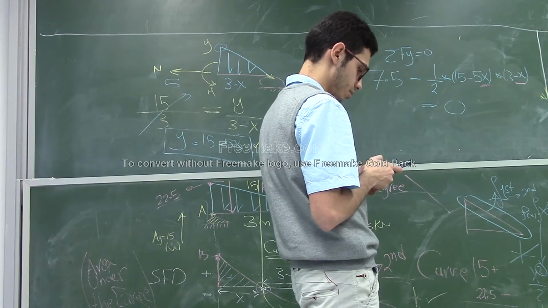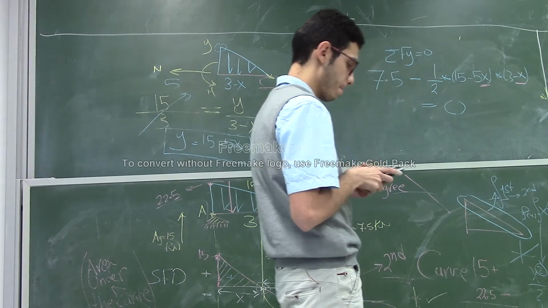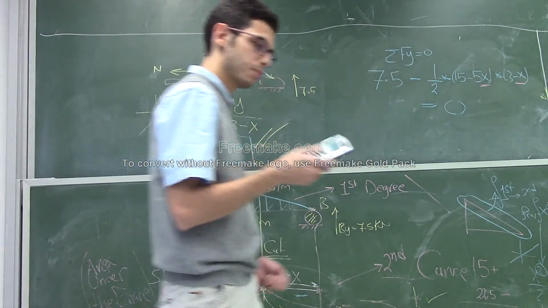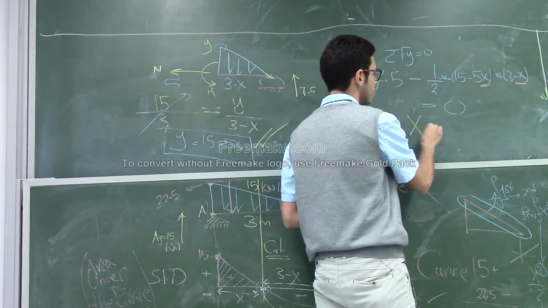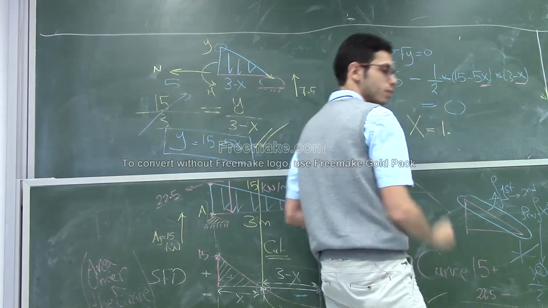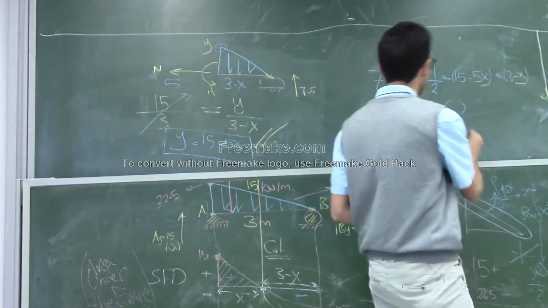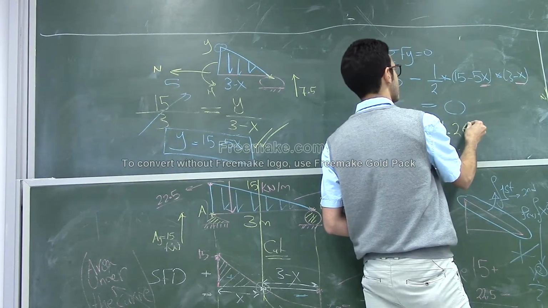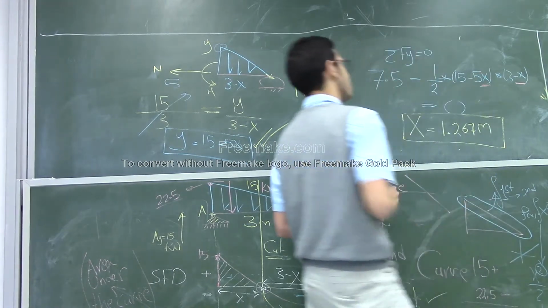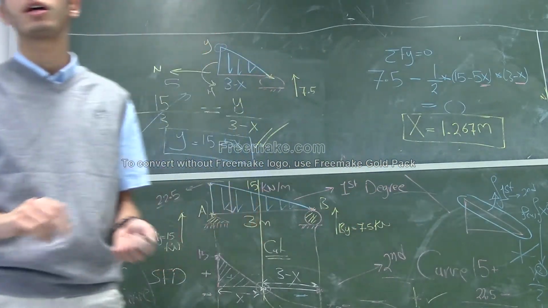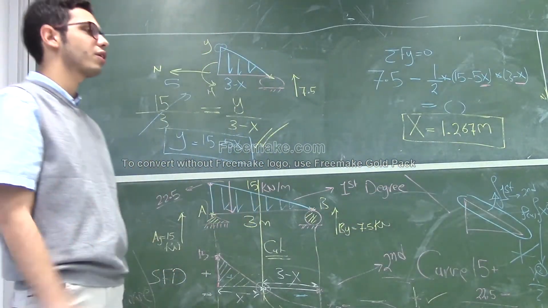Shift, solve. Okay, so x is equal to 1.267 meters. So this is the value of x. Okay? This is the value of x.